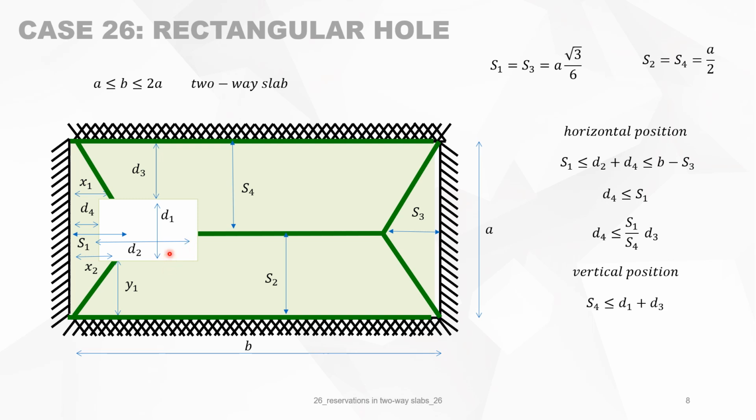In the vertical position, D1 plus D3 must always be bigger than S4. It means that this side of the reservation is on the other side of the horizontal yield line. And D3 is smaller than S4, so this side of the reservation is always on this side of the horizontal yield line.